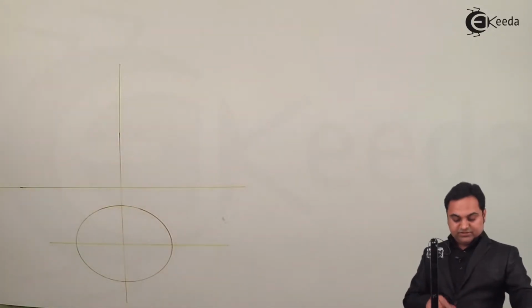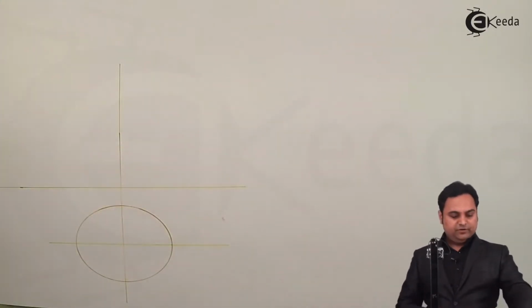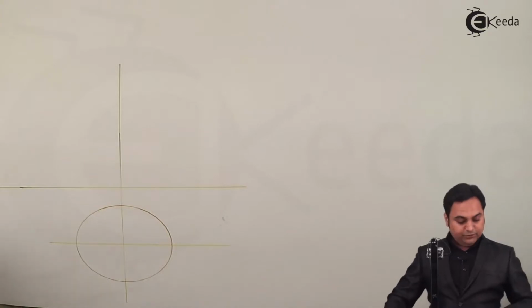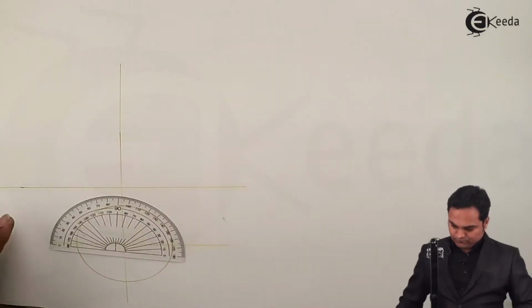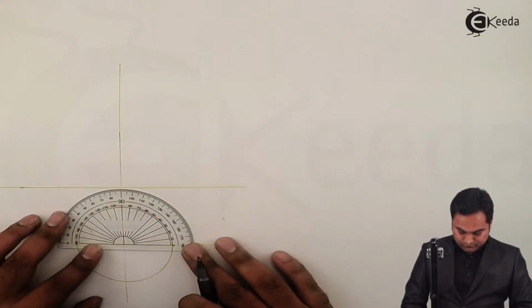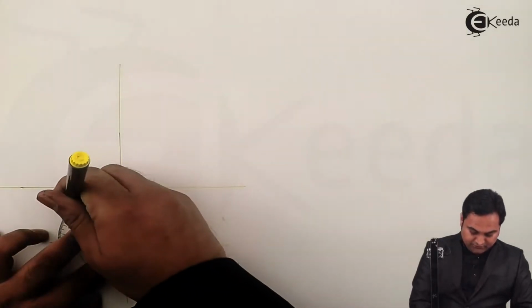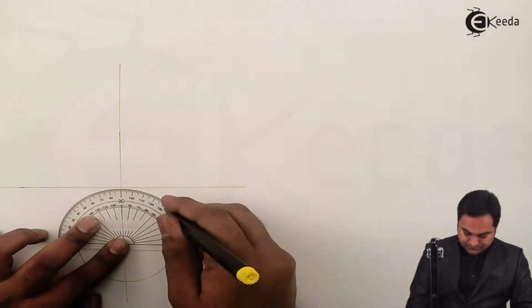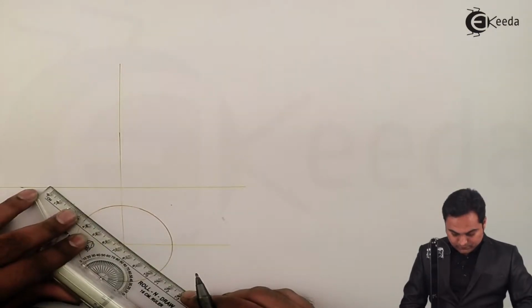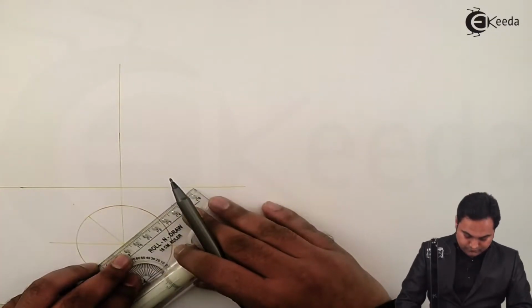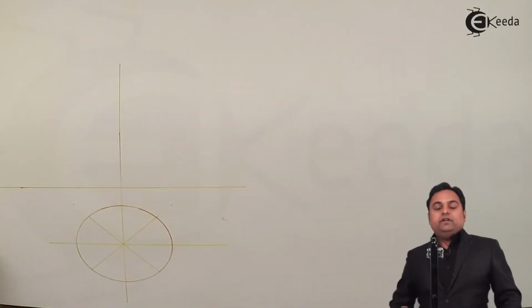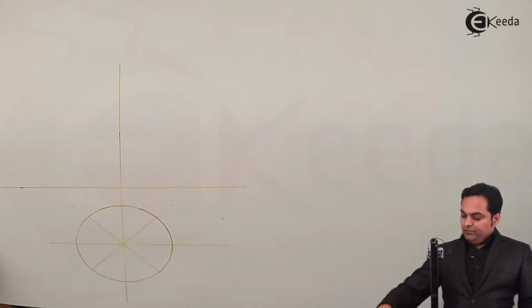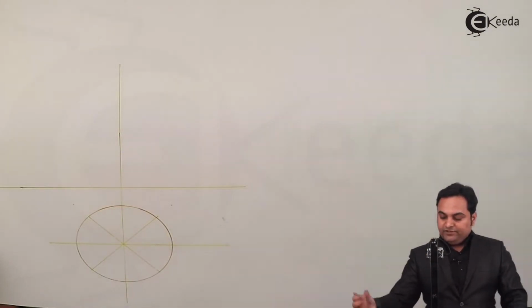Now this is the circular base of the cone which is visible from top. I'll divide it into 8 equal parts, measuring 45 degrees on both sides. Now here I have divided the circular base into 8 equal parts and giving it the notations.